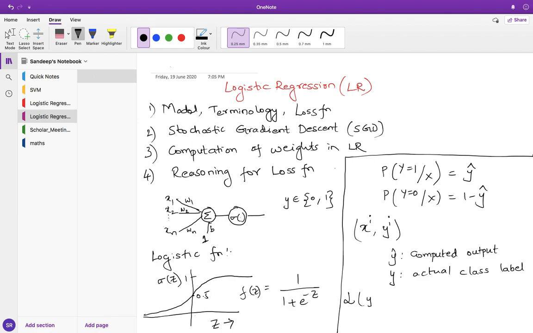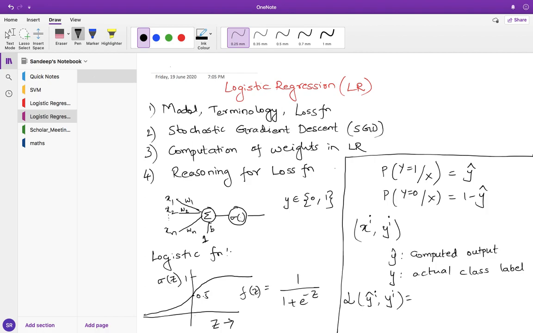Say you are trying to define it for the ith input data. Here the loss function we define as follows. The reasoning for choosing that particular loss function is discussed in part 4 of this video. First let me write the loss function.